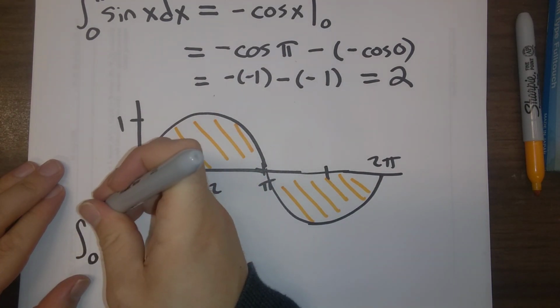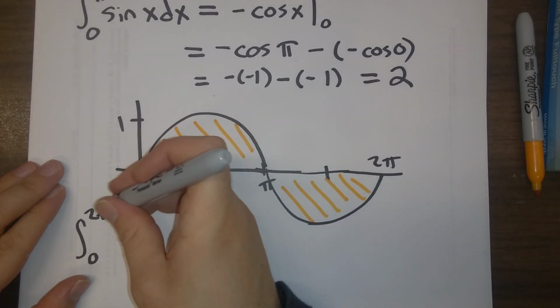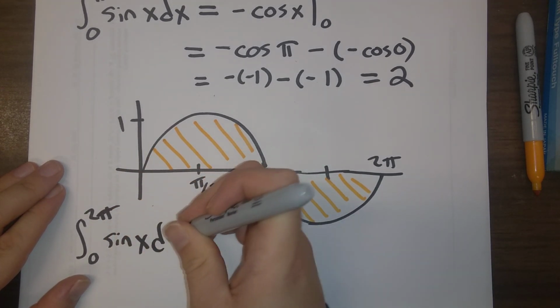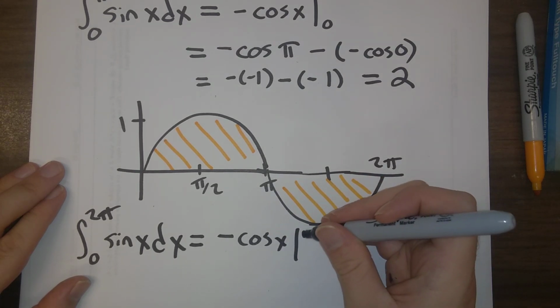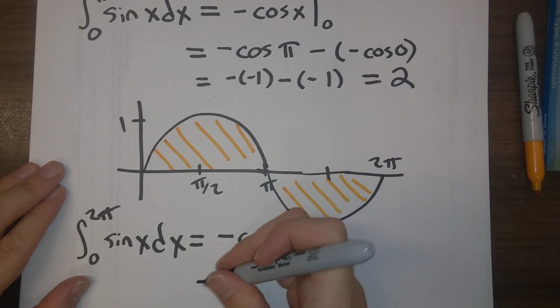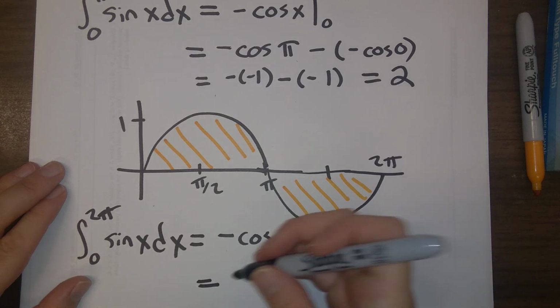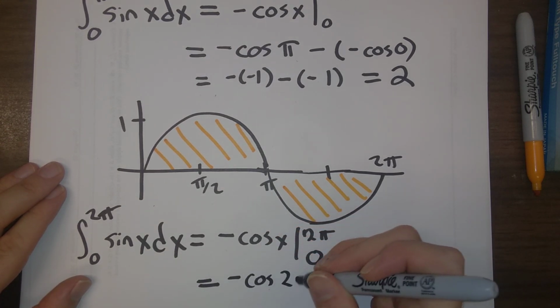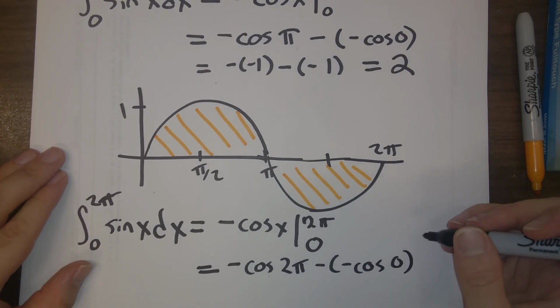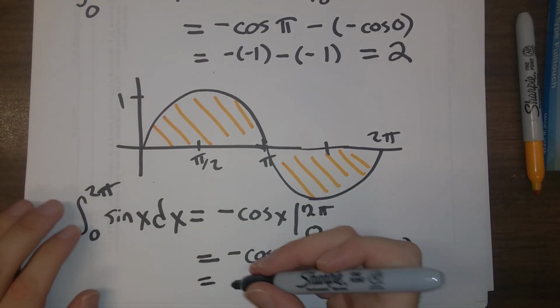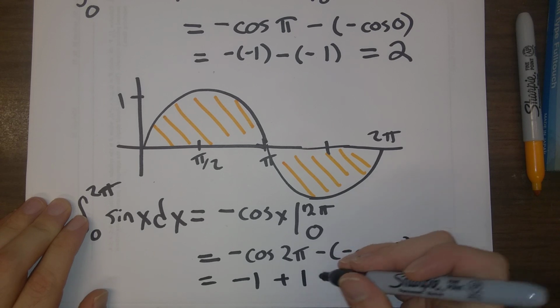Well, let's do that calculation. The integral from 0 to 2 pi of sine x dx is the integral of minus cosine x between 2 pi and 0. And so we have minus cosine of 2 pi minus cosine of 0. And we end up with minus 1 plus 1.